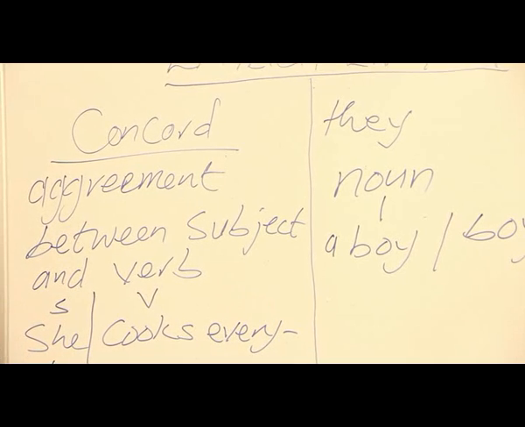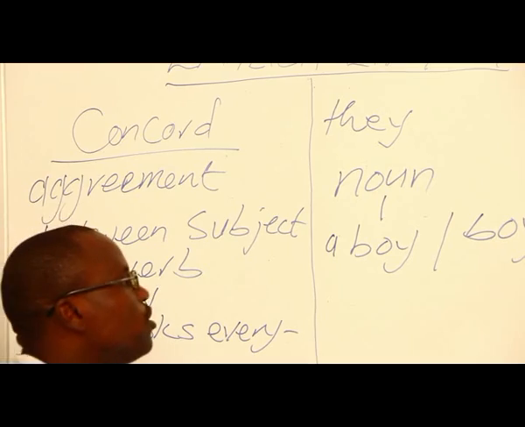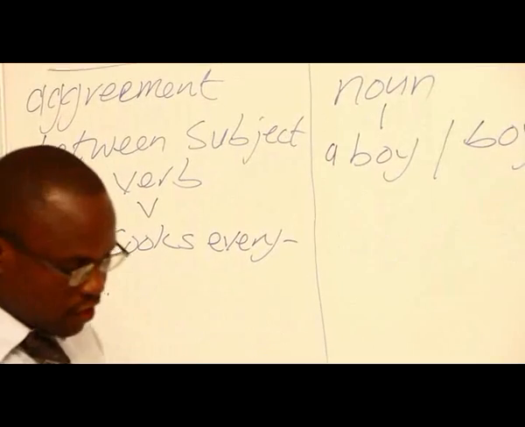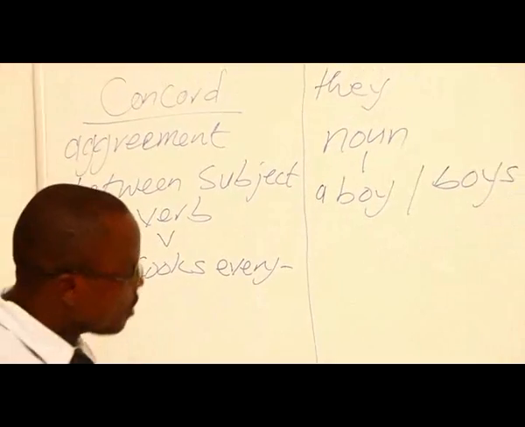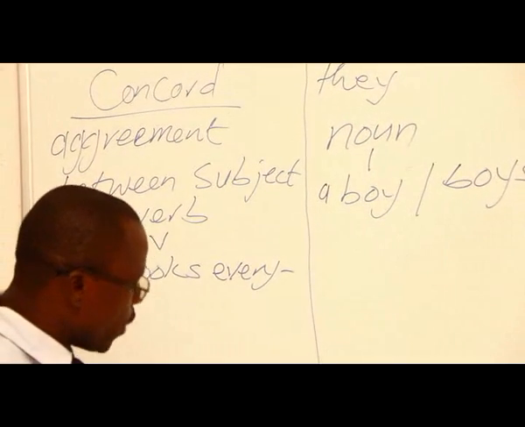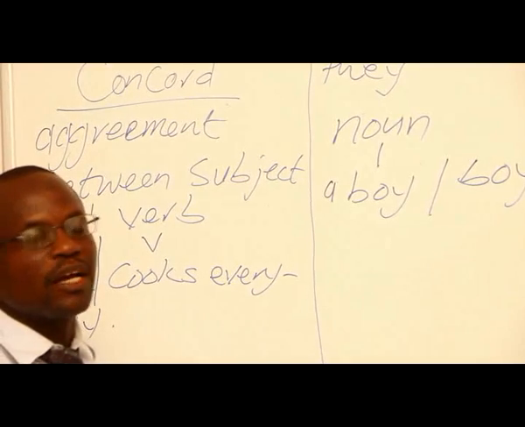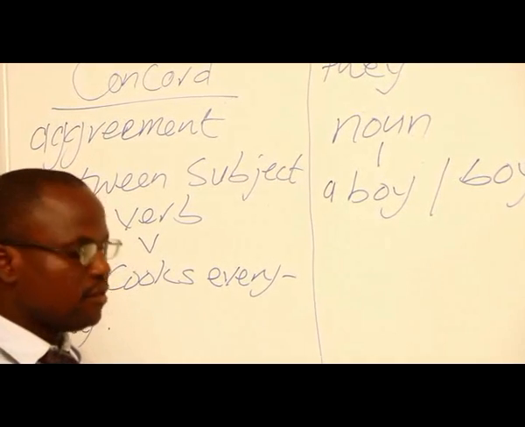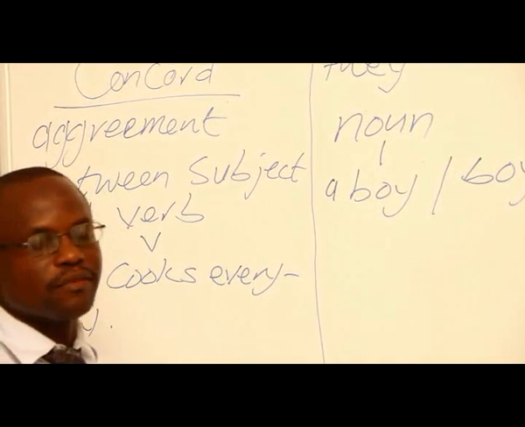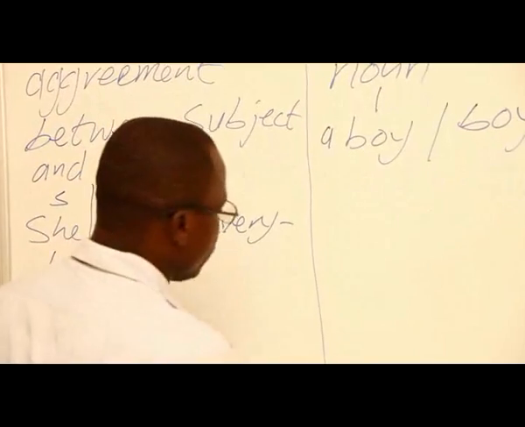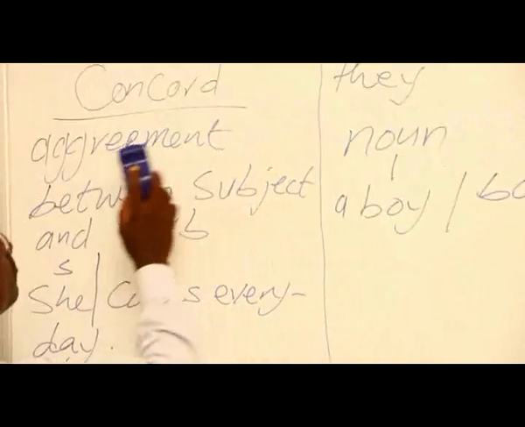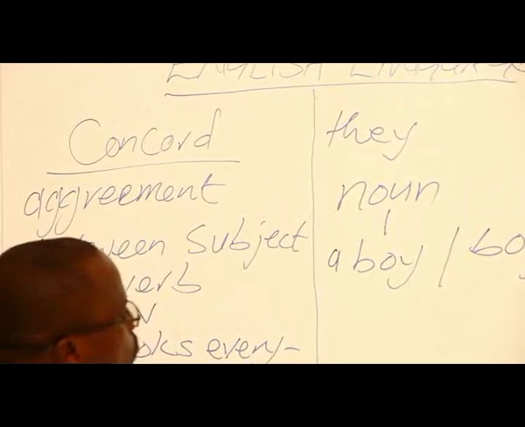So if it is a pronoun, what forms of number do we have in the case of pronoun? Now, we have what we call the first person pronoun, the second person pronoun, and the third person pronoun. They also have their numbers in terms of being singular or plural.